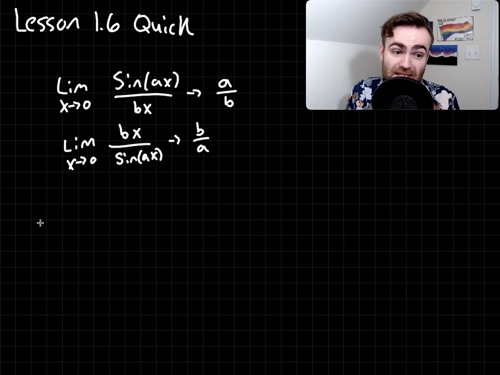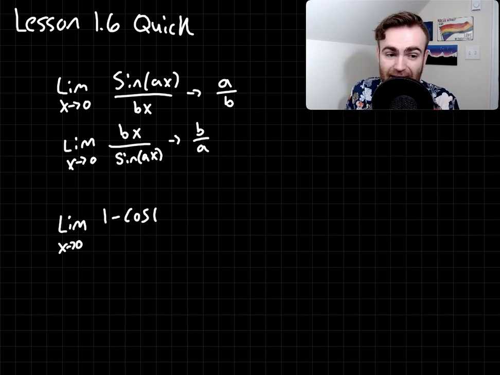We also have something similar with cosine. Again, if we approach 0 and we have 1 minus cosine of anything, we're just going to put x for now, over x, this will approach 0.